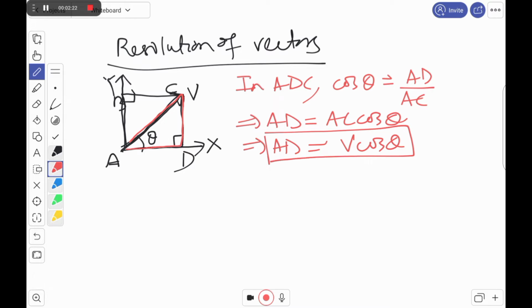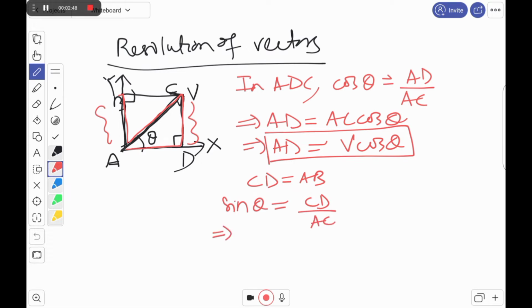How to find out in y direction? We want to find out the value of AB. As you can see, CD is equal to AB. So if we can find this, we can find this. How to find out this? For that, we have to take sin theta. What is sin theta? That is your perpendicular CD by AC.